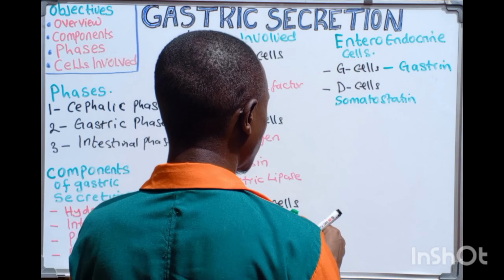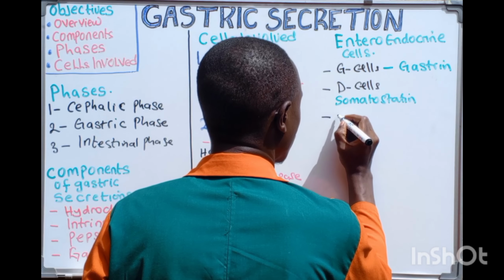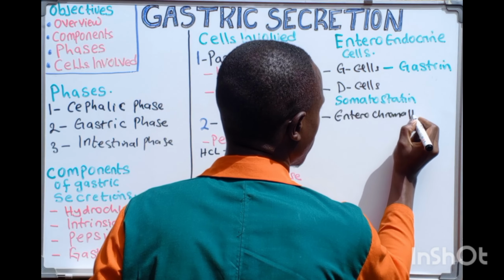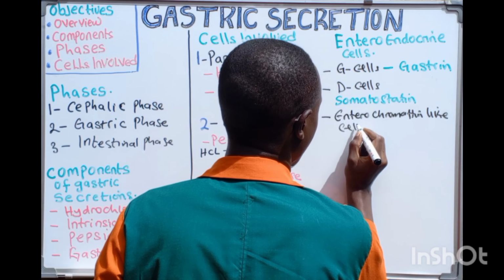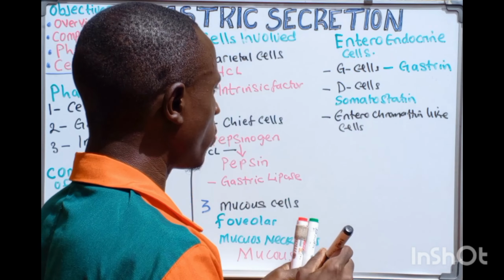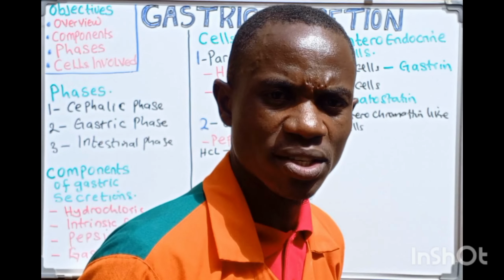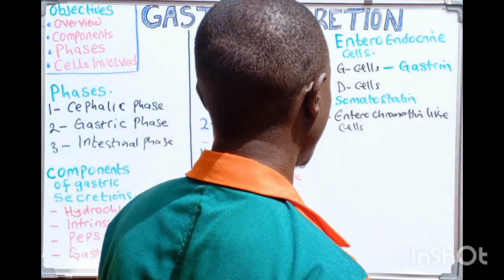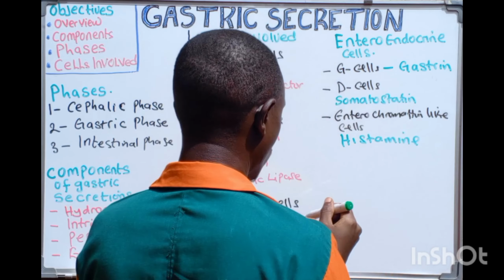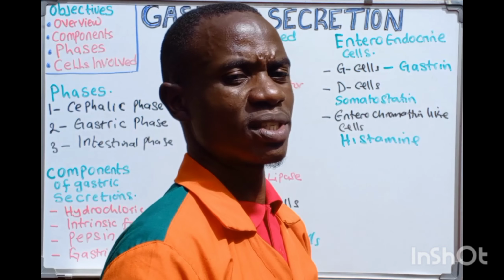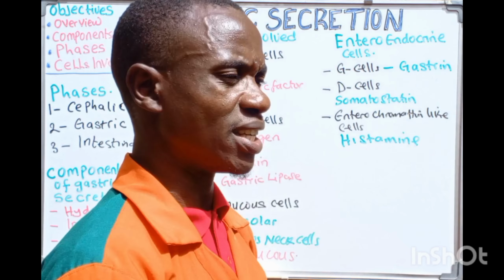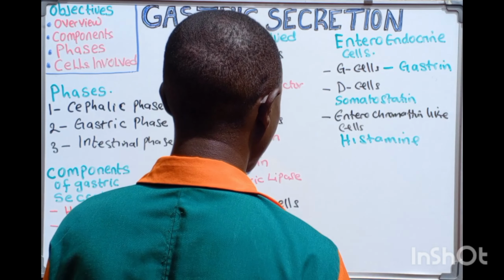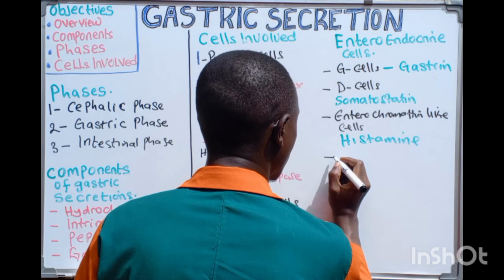Then another very important cell is the enterochromaffin-like cells. These cells are very important in production of a molecule called histamine, which has the ability to stimulate the parietal cells to produce hydrochloric acid. Another beautiful thing. Then we also have another kind of cell, highly concentrated in the stomach: the enterochromaffin cells.